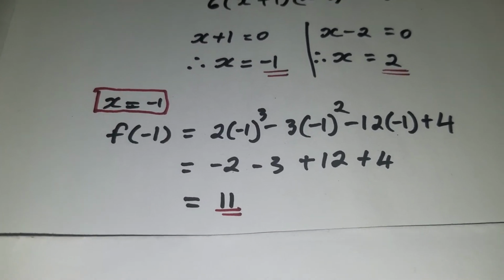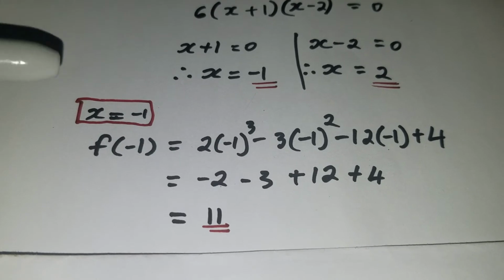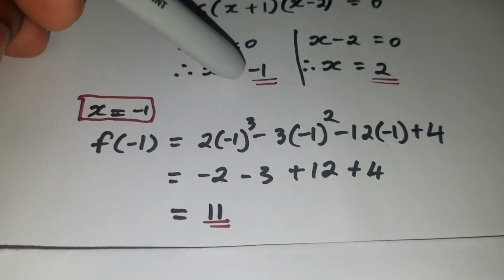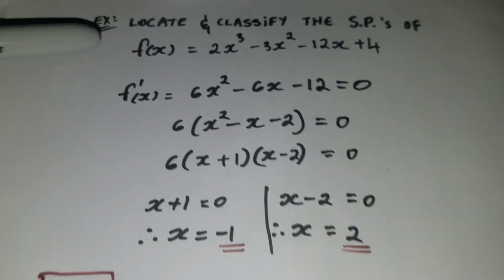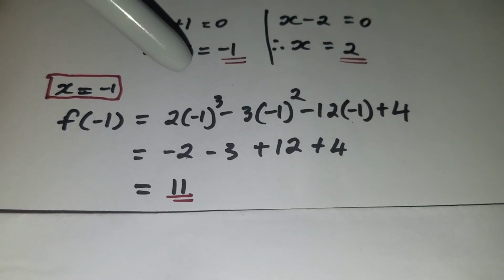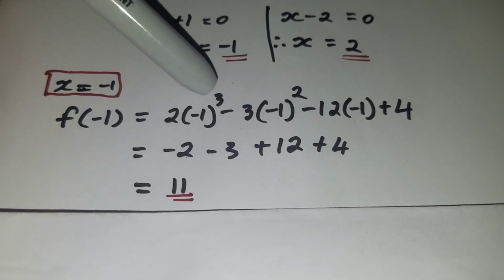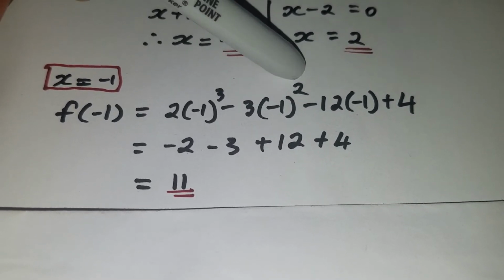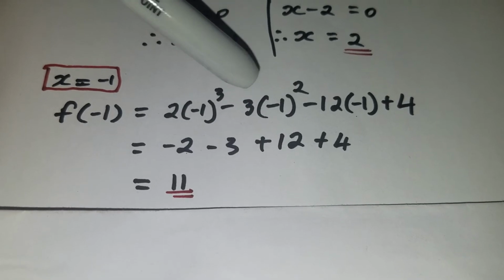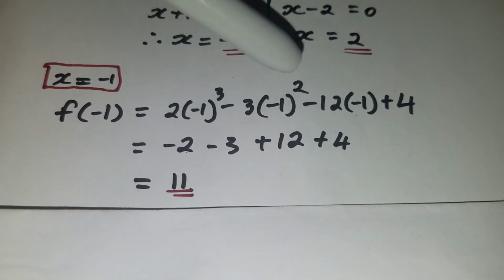So when x is equal to negative 1, we substitute negative 1 everywhere x is into the original function, and we will have this. So negative 1 cubed will be negative 1 times 2, negative 2. Negative 1 squared would be positive 1 times negative 3 will give us negative 3.